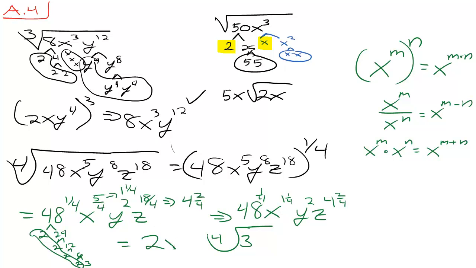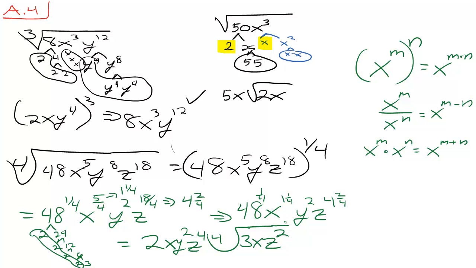That means I have 1 on the outside, and then the 1/4 means I have 1 on the inside. My y squared, I have 2 of them on the outside, and there was no fractional remainder, so nothing on the inside. And then my z's, 4 and 2/4, I've got z to the 4th on the outside, and on the inside, how many do we have left? Those 2. That's why we left it as the 2/4. And there's our answer.